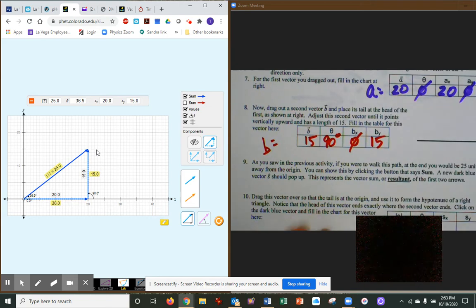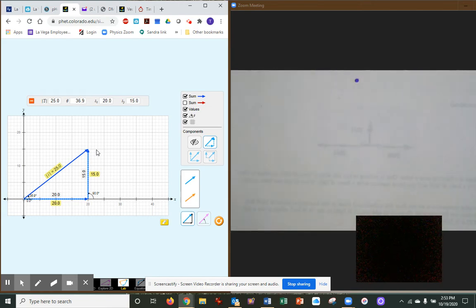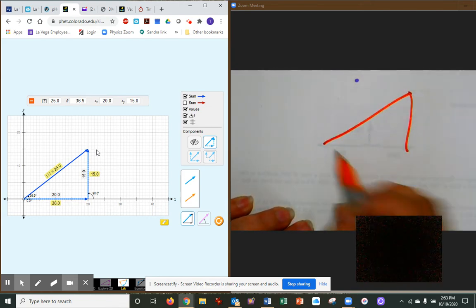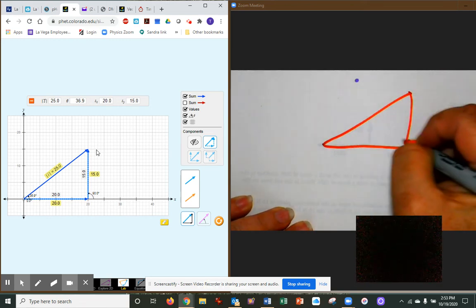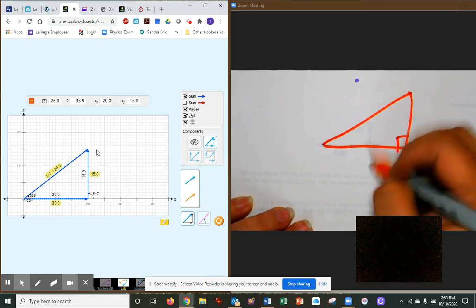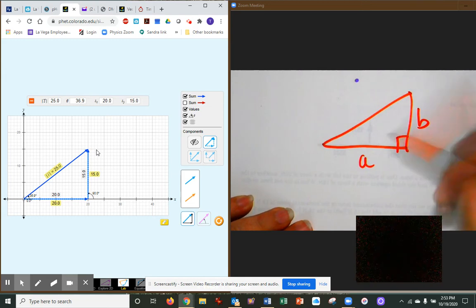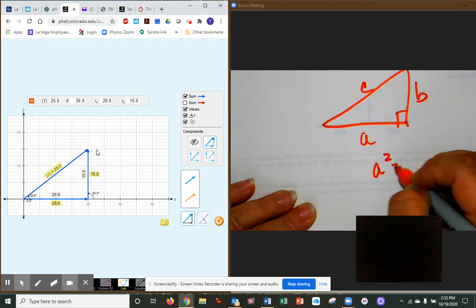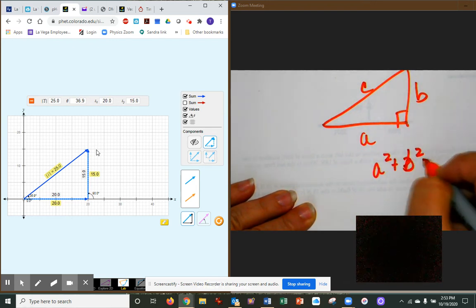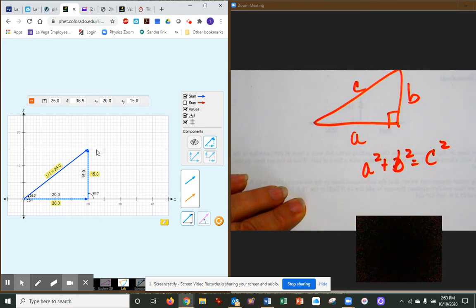Remember, Pythagorean's theorem only works on right triangles. So, assuming this were drawn straight, let's say it's a right triangle. This is your A, this is your B, and this is your hypotenuse. Okay? Remember, A squared plus B squared equals C squared.